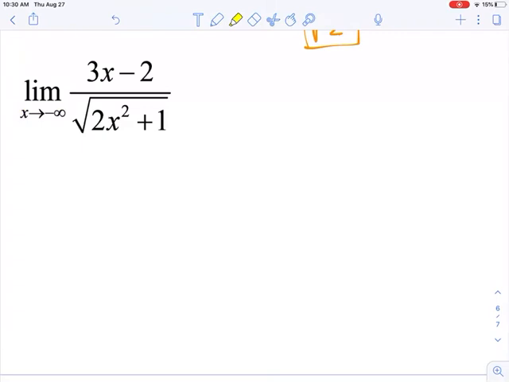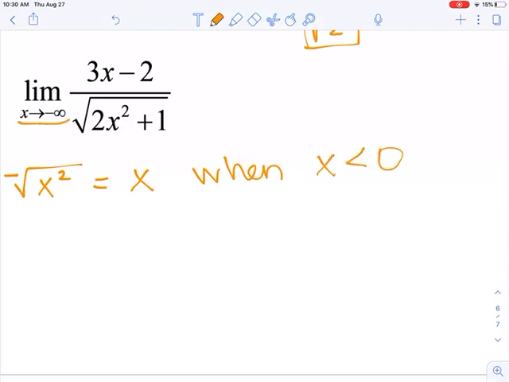Once again, we're going towards infinity or negative infinity at this point, and we have our rational graph that's not as straightforward because of this radical. So we need to do our strategy of dividing by the denominator's degree. Well, we have the square root of x squared again, and the square root of x squared is actually not equal to x.